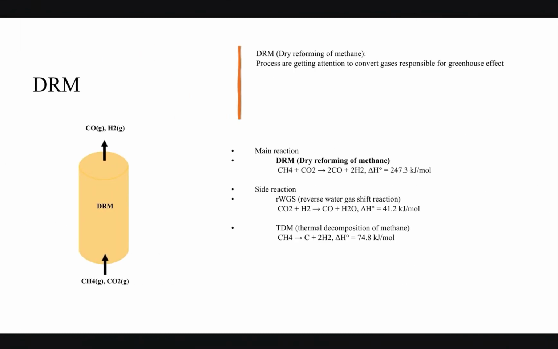Also, I want to focus on one of these reactions. This is the dry reforming of methane, which reacts methane and carbon dioxide to produce carbon monoxide and hydrogen. For this process, the temperature is very high because the enthalpy is very high and needs high temperature to run the reaction.